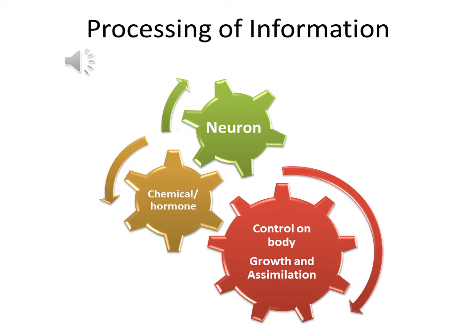But in our body, what exactly is the mechanism to control all these things, to understand the danger, to understand how to respond to the environment according to the situation?